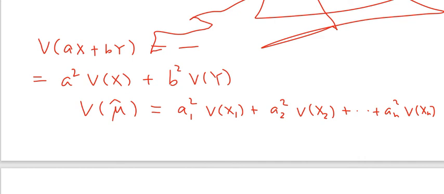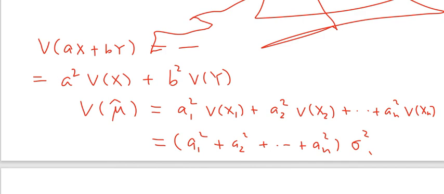So we have this: a1 squared plus a2 squared plus an squared, times sigma squared. Here sigma squared is fixed.